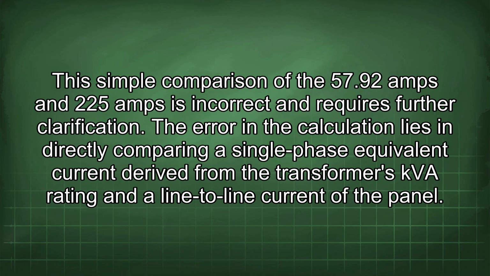This simple comparison of the 57.92 amps and 225 amps is incorrect and requires further clarification. The error in the calculation lies in directly comparing a single-phase equivalent current derived from the transformer's kVA rating and a line-to-line current of the panel.